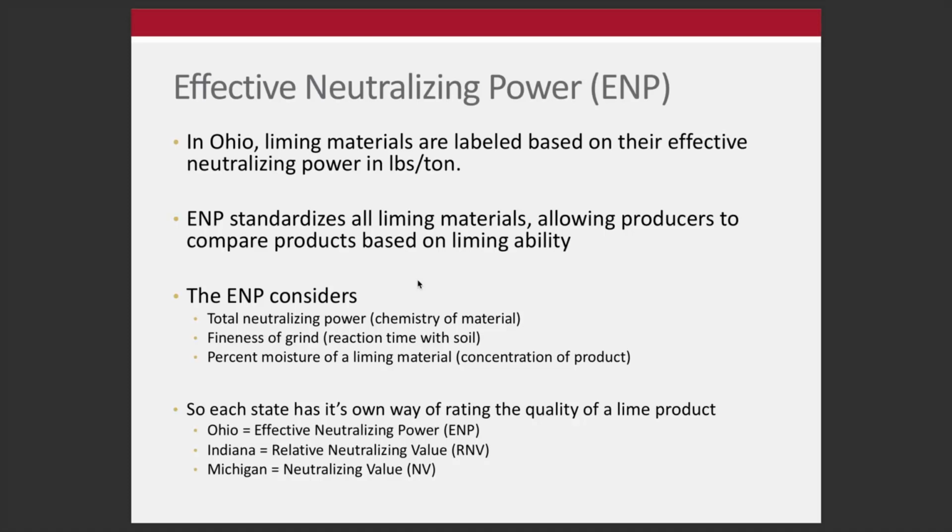So the ENP, similar to what we just talked about, takes into account the chemistry of that material, i.e. the total neutralizing power, the fineness of that grind, and then the percent moisture. Okay, so how much water is in it. The moisture has, of course, to do with the purity of that material. So this is all registered; the ENP is generated at a test lab that is registered with the Ohio Department of Ag.